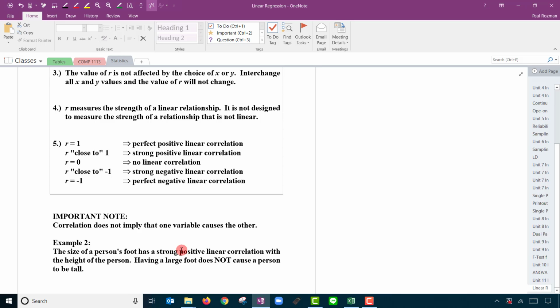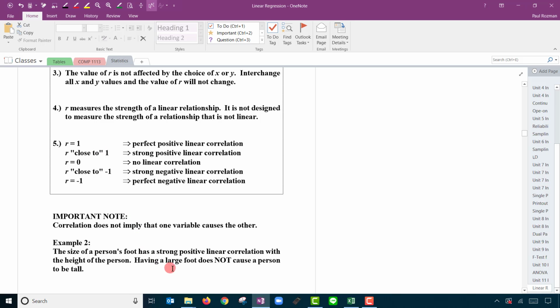You can find interesting, strong correlations between variables that are completely unrelated. You can find that as the number of pirates in the world has decreased, the number of cancer cases has increased, and you can measure that, and you'll get a very high correlation value, close to 1.